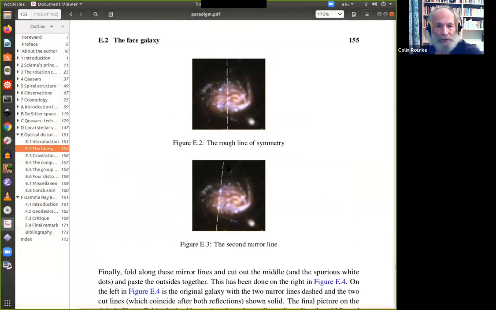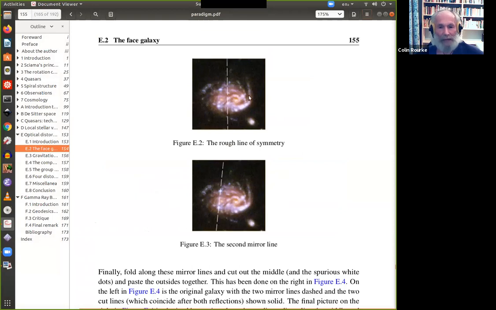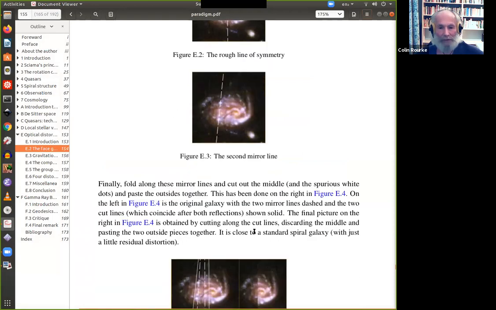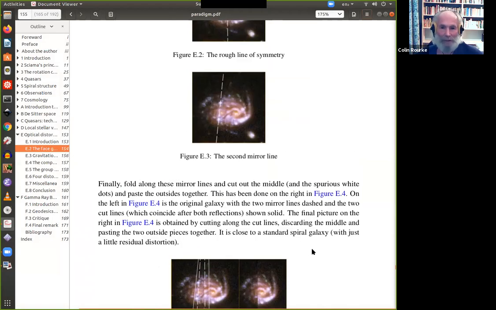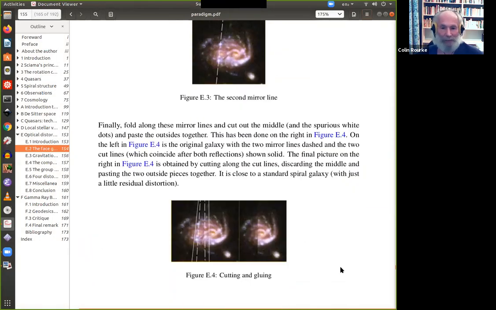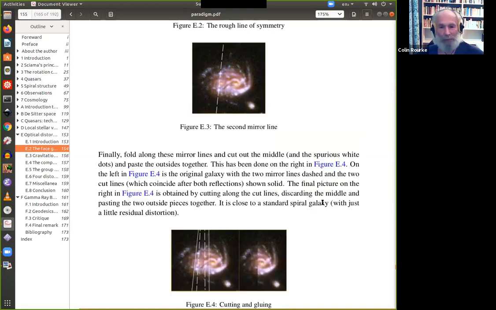Here it is. Right, there's the face galaxy. It's got a line of symmetry in the middle here. And there's another line of symmetry over here, not so obvious. But if you cut using those lines of symmetry and glue the outside bits together, you get a perfect spiral galaxy. So what's happening is the face galaxy is a spiral galaxy, but we're seeing it through the gravitational soliton that's put that distortion in. Okay, that worked. Let's see if we can get back.